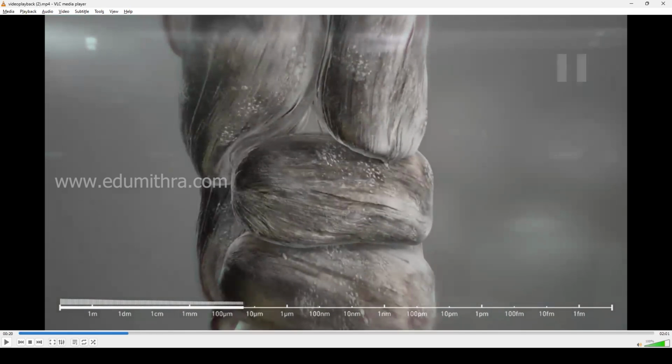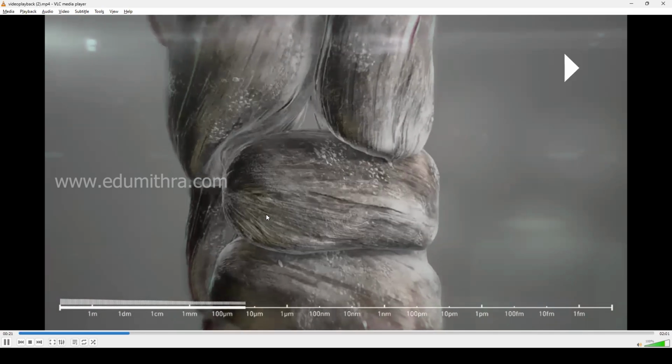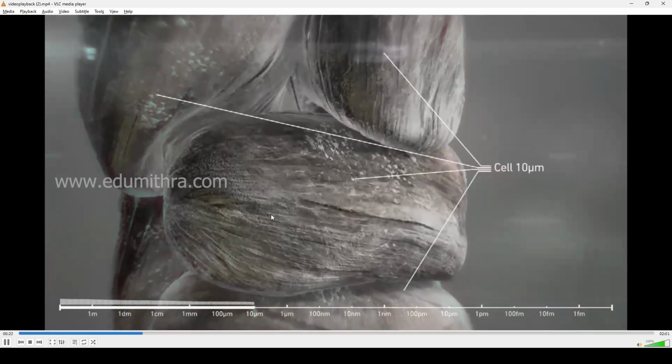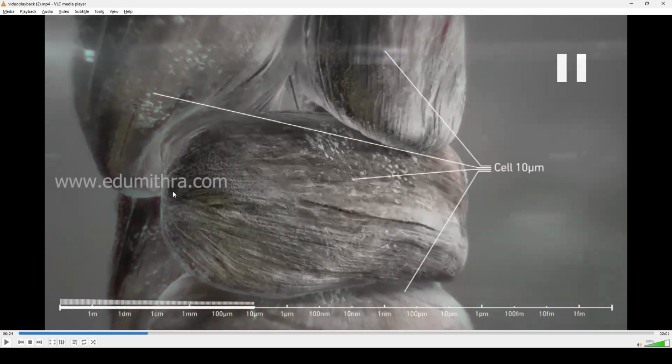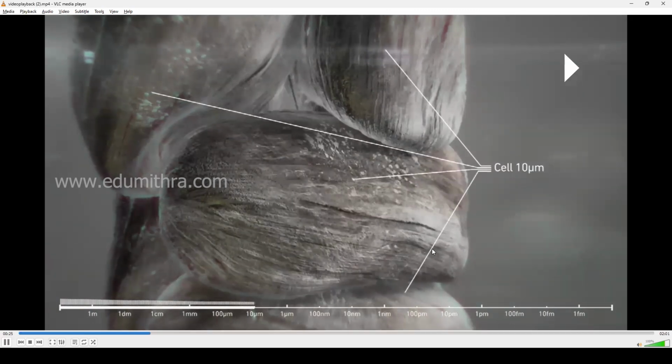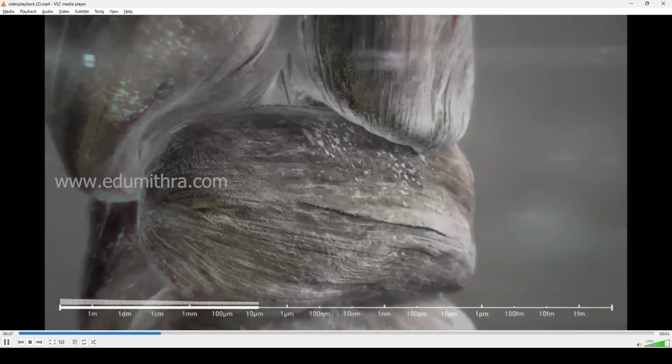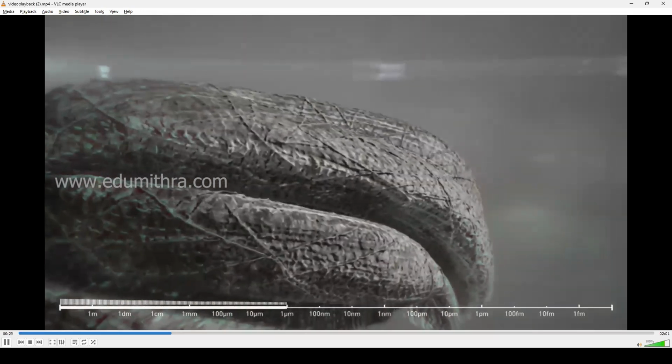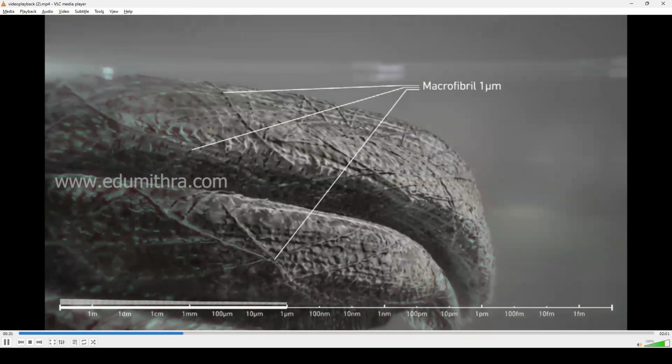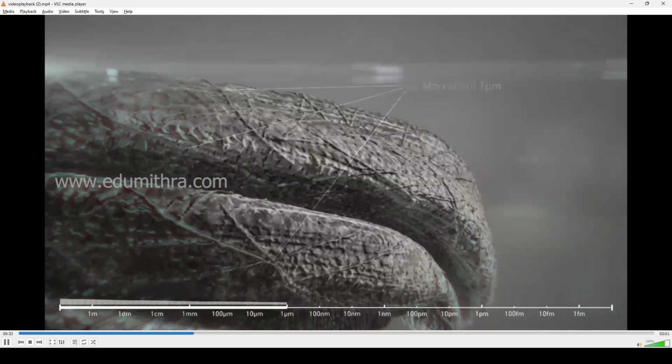Now if you go again, you can see how it is made. It is made of small pieces, and these are all the cells. So the hair is made of cells, and these are all the cells you are seeing. Again, if you zoom into the cell, that is called macrofibrils.